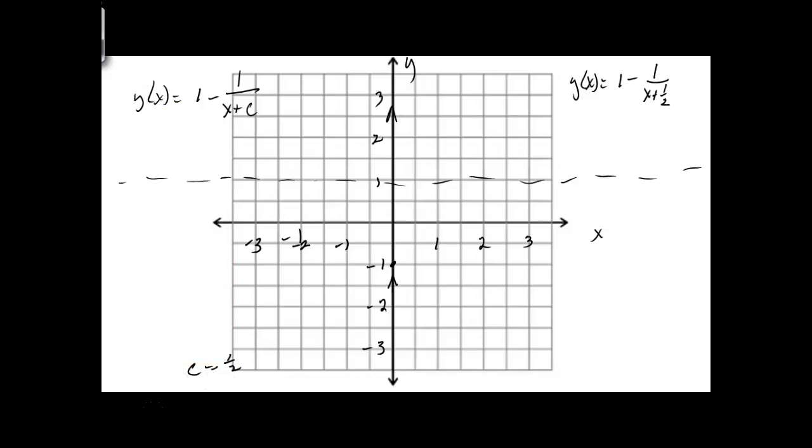So there we have one point. Pick another point. We did 0. About -1/2, -1, or you could do 1. You're a hard worker, I can tell.